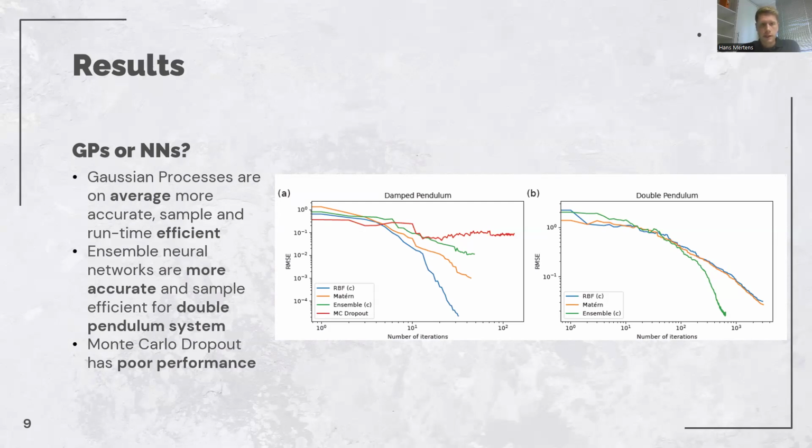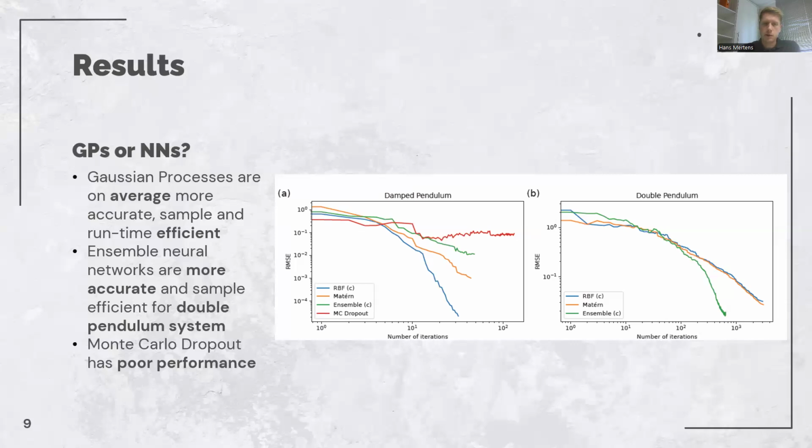On the left side, we see the same plot for the damped pendulum, and we see a similar phenomenon for all the simpler systems where the Gaussian process models work really well. They require a low amount of data and converge to very accurate solutions, and the neural network models are less suited for these kinds of simpler systems.